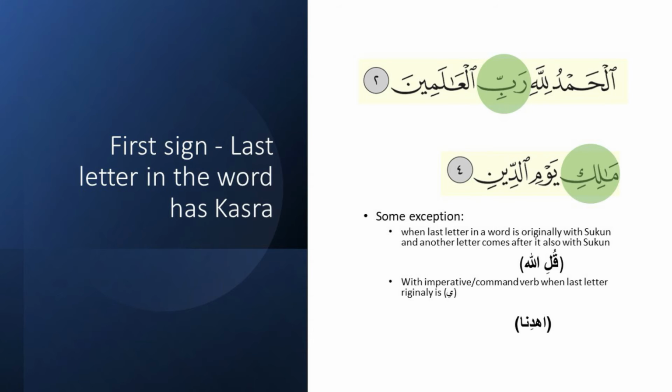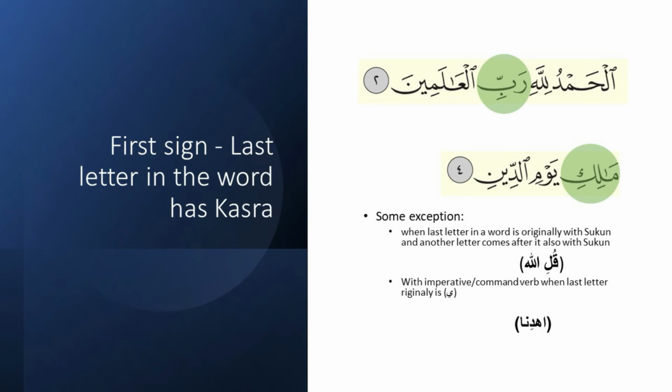You basically just wouldn't be able to add al to it. Also for the first exception, which was qulillah, you can't say al-qul. There is nothing called al-qul, right? So basically, it wouldn't accept any of the other signs. You would know then that this kasra is not the kasra of jar that we mean for the nouns.